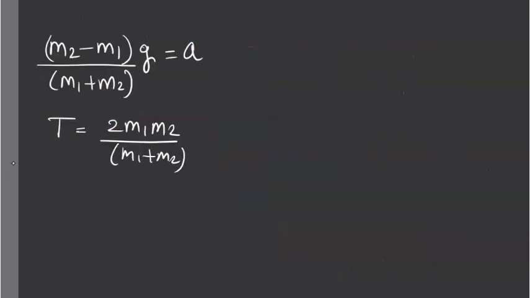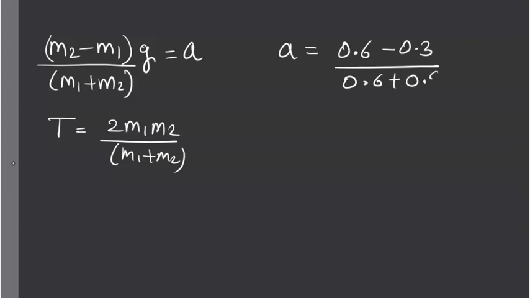So the acceleration of the first block will be m2 minus m1, so 0.6 minus 0.3, divided by 0.6 plus 0.3, and you have to multiply this by 9.8. This answer will be in meter per second square.